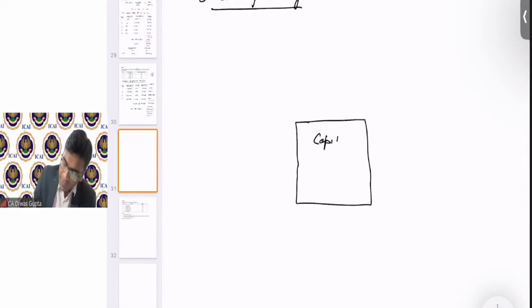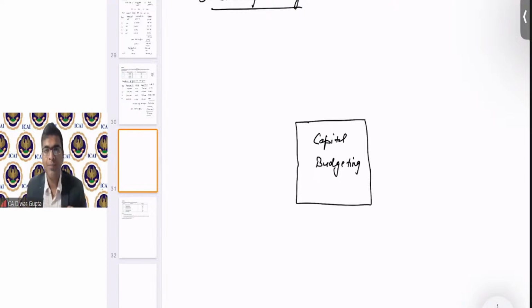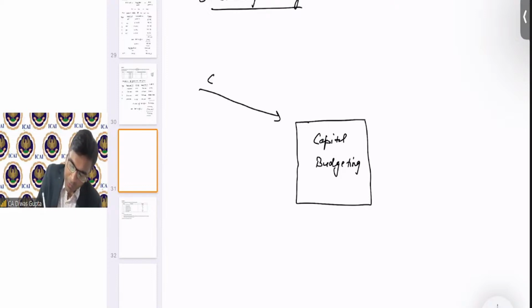What is capital budgeting? Let's first try to answer this question. Capital budgeting is a model of calculation. It's just like there are certain inputs. What are those inputs? Cash inflows. Then the next input would be cash outflows.